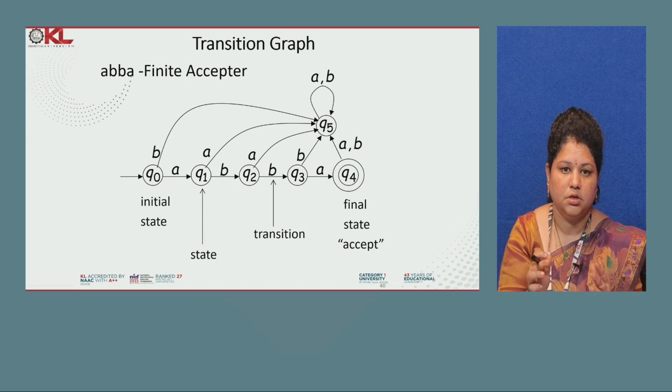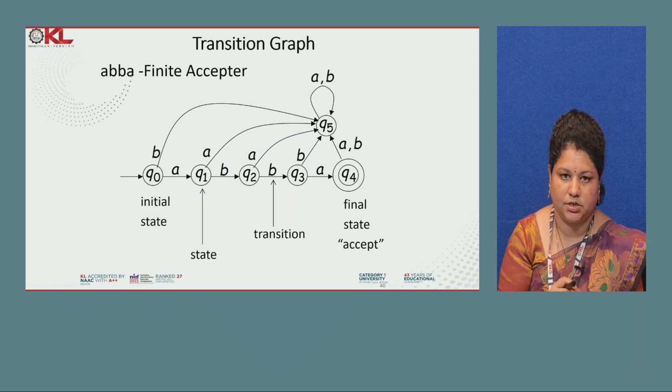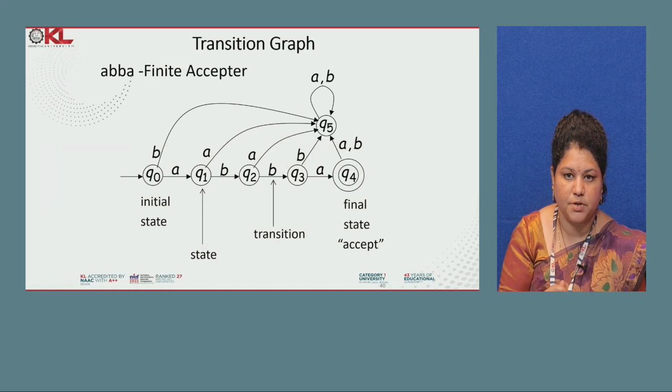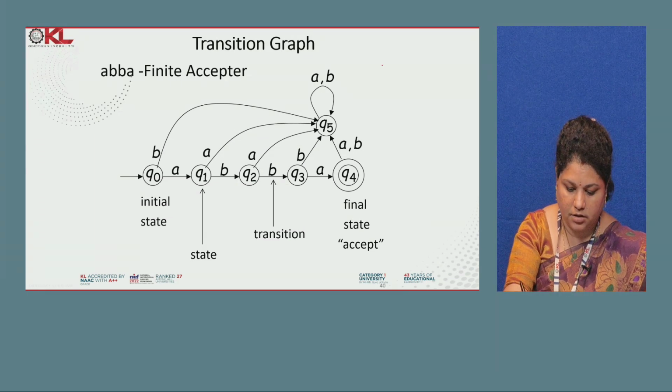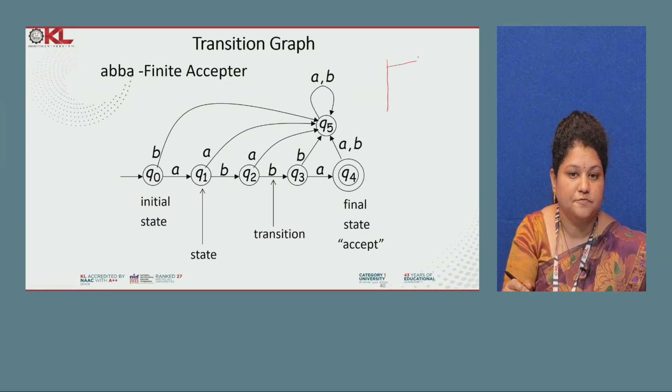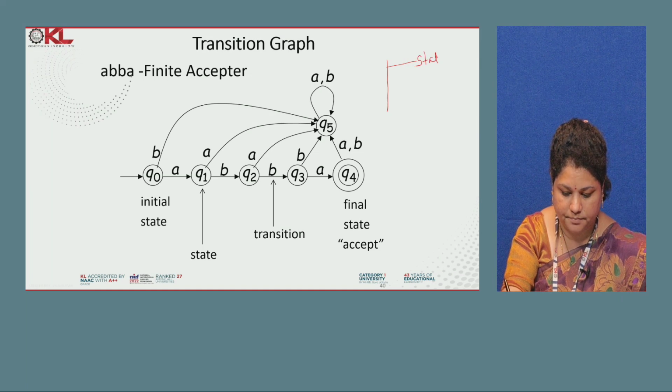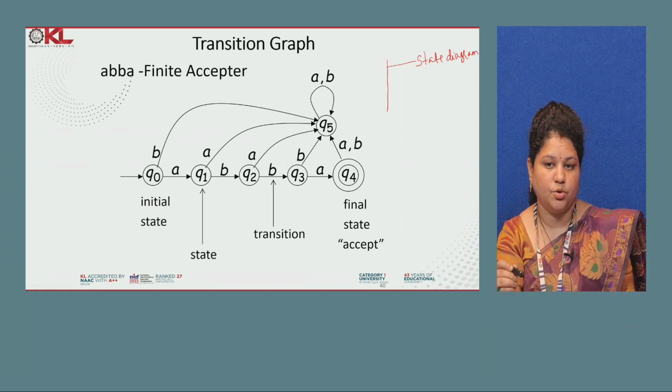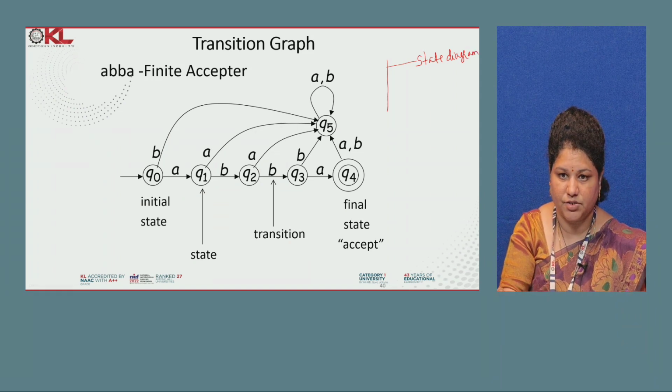How the DFA will be constructed, how the transition will be performed. For that purpose we have three steps. First one is the state diagram. State diagram is also called the transition diagram.